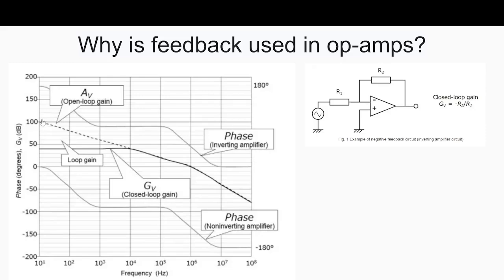But this other line, because of the feedback, we call the closed loop gain. We don't want clipping or this kind of instability to happen, so to stabilize it, we just close the loop here. And this is the phase portion of the signal for the inverting amplifier and for the non-inverting amplifier.